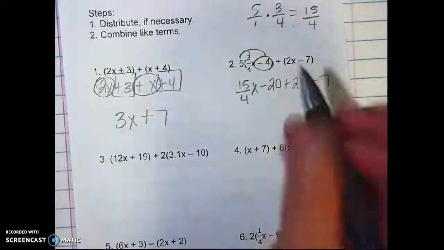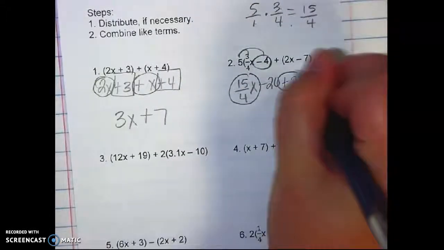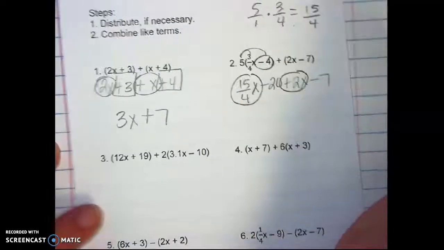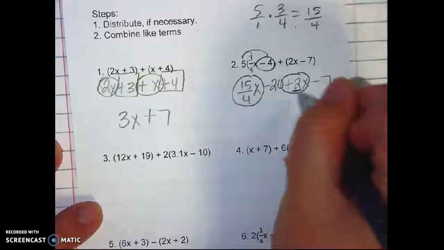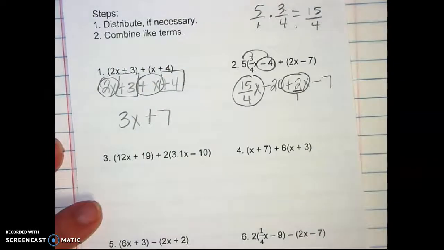I'll start with my x term. When I'm adding fractions, I have to have a common denominator. So the common denominator between 1 and 4 is 4.